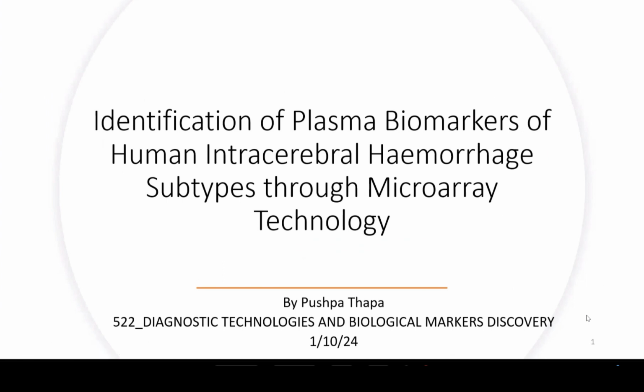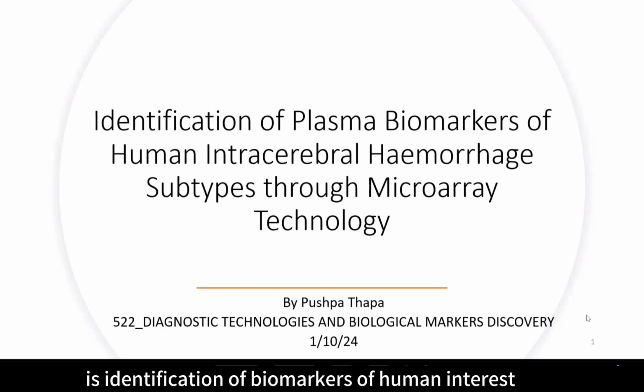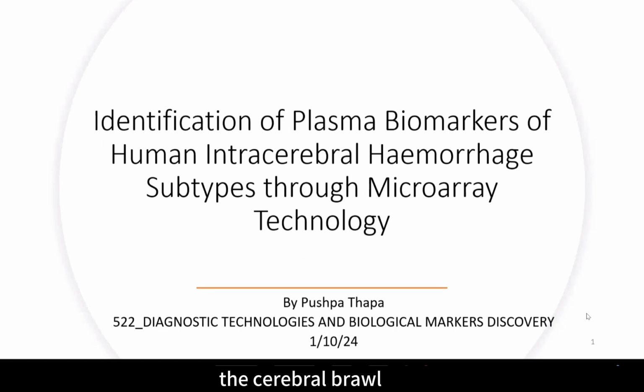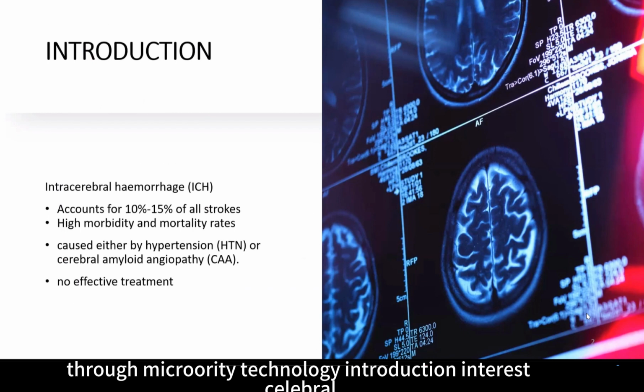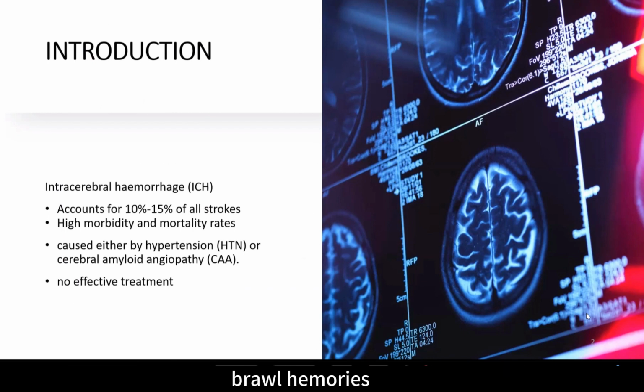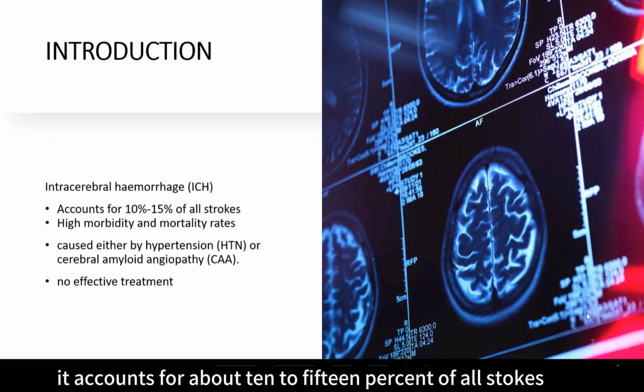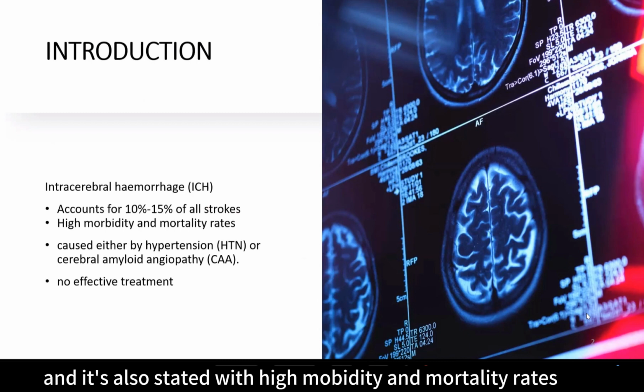Hello, everyone. Today's title for my presentation is Identification of Plasma Biomarkers of Human Intracerebral Hemorrhage Subtypes through Microarray Technology. Introduction. Intracerebral hemorrhage is a condition in which the blood vessels rupture in our brain. It accounts for about 10 to 15% of all strokes, and it is associated with high morbidity and mortality rates.